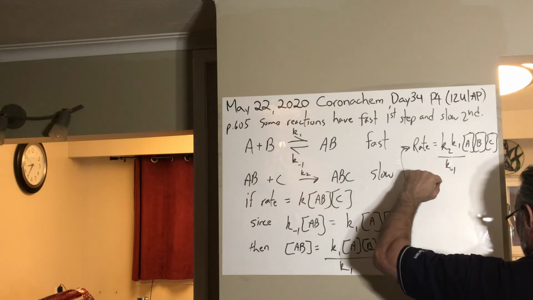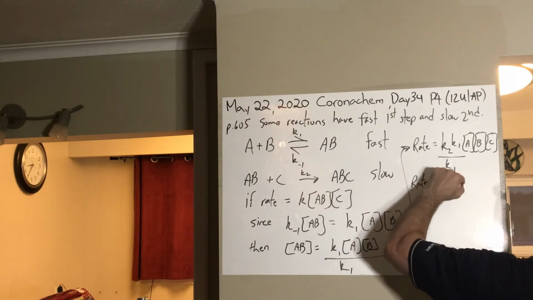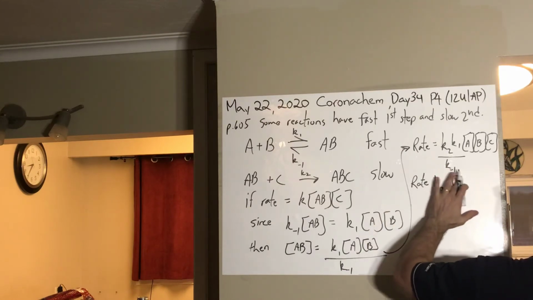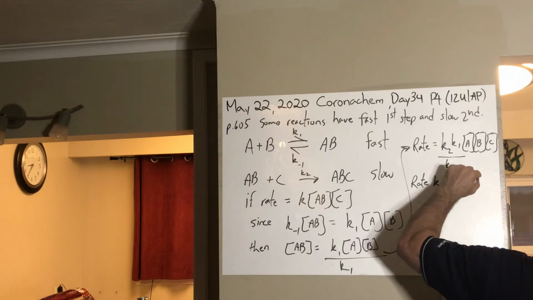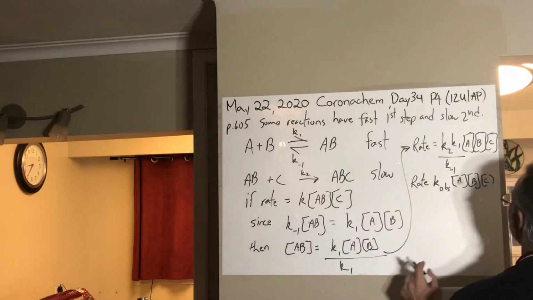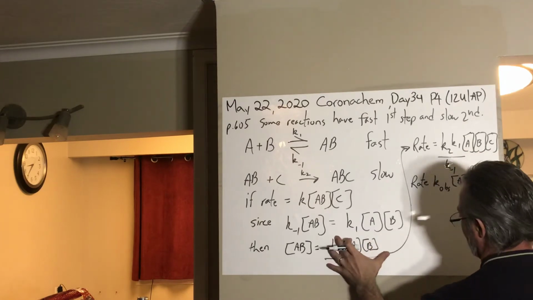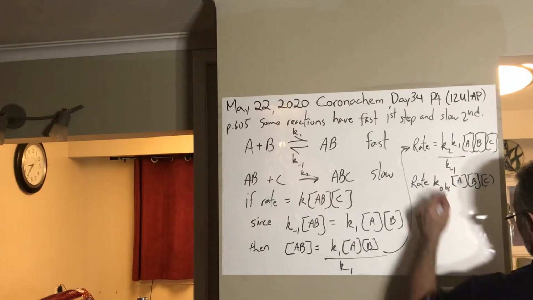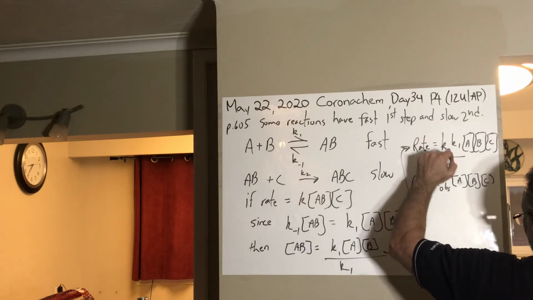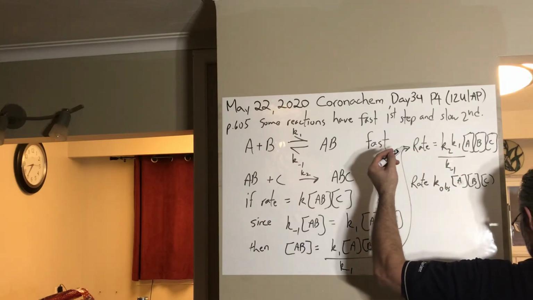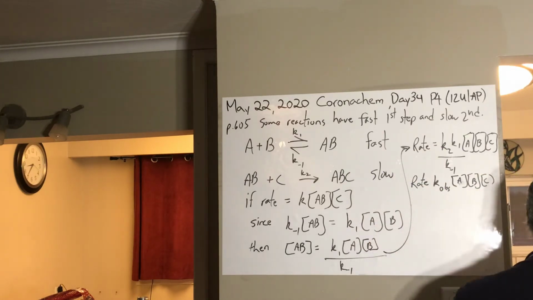You can say K observed times A times B times C, because you've substituted the AB that was here by this whole thing. And then because all these are, say it's 3, this is 4, this is 5, you can say 3 times 4 over 5, that's still a number. 12 over 5, you could put that as 12 over 5 over here, call that K obs.